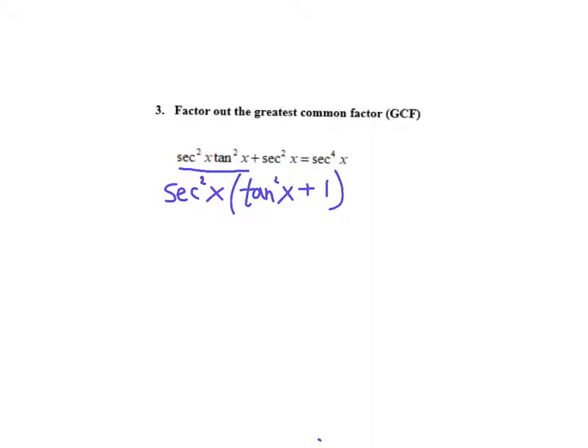And if you notice, this actually is one of the Pythagorean identities. We don't even have to change it. So, excuse me, I should put my equals here every line. So we have secant squared x, bring that down, and this equals another secant squared x. And squared times squared is to the fourth power.